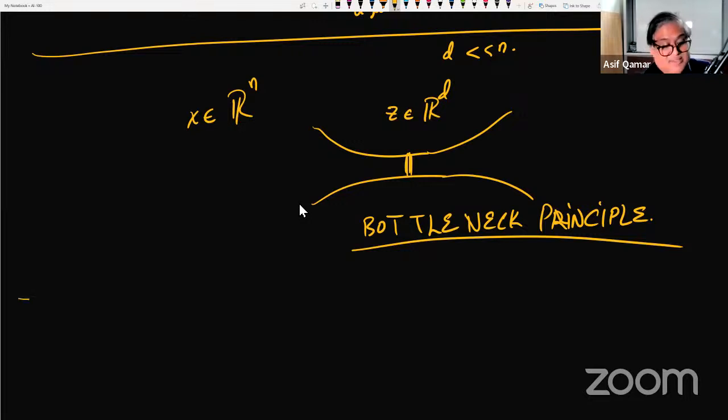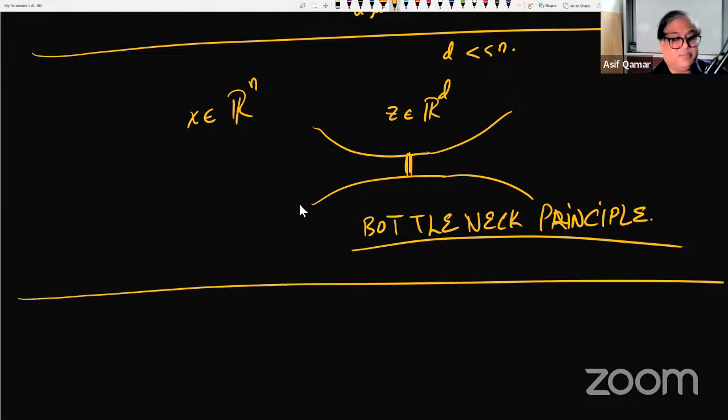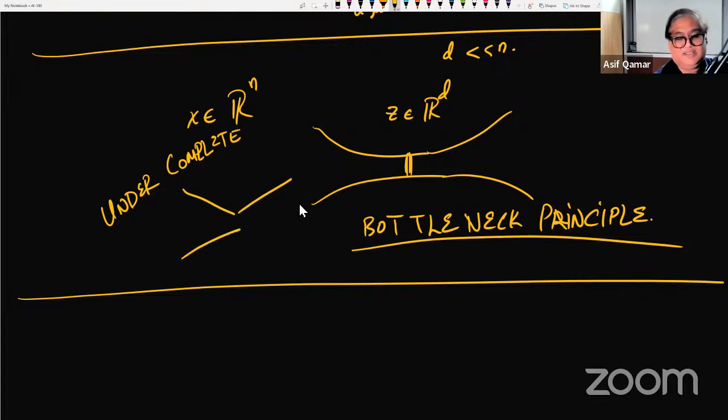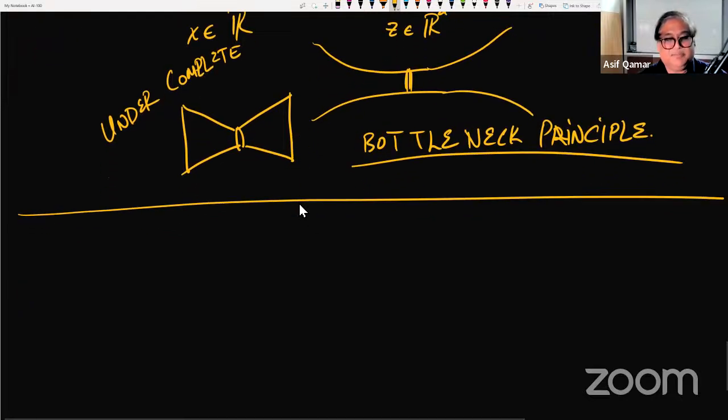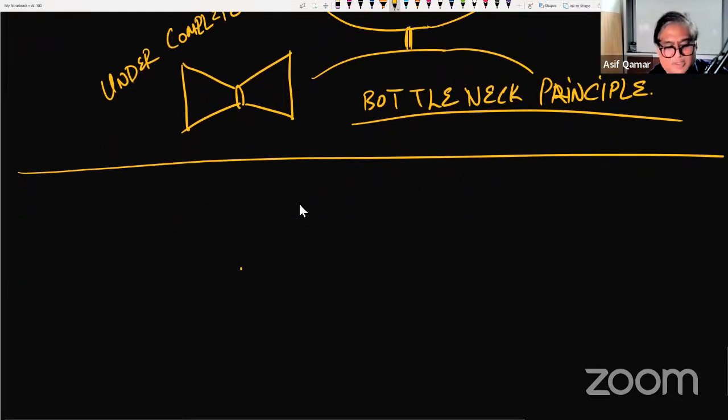So these bottleneck autoencoders are also called undercomplete autoencoders, and they always look like this. Are we together? The latent representation is of a smaller size, undercomplete. But what if you did something pretty odd?